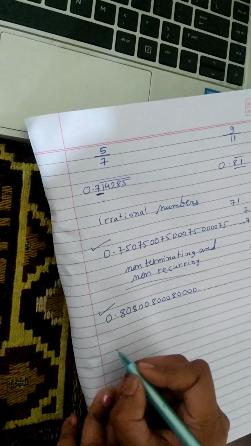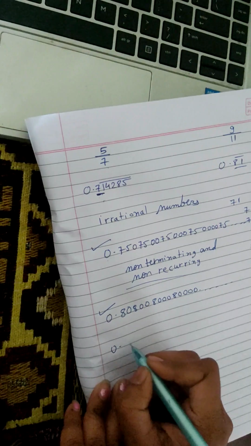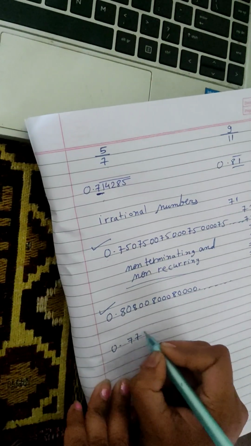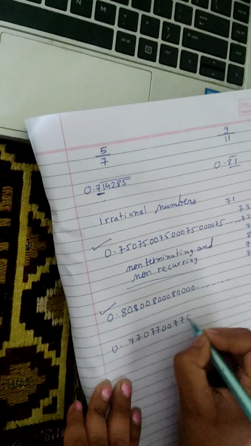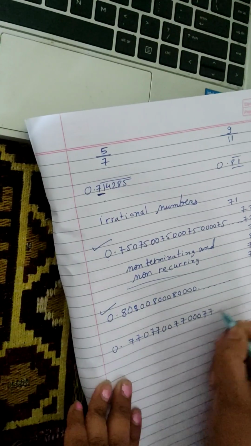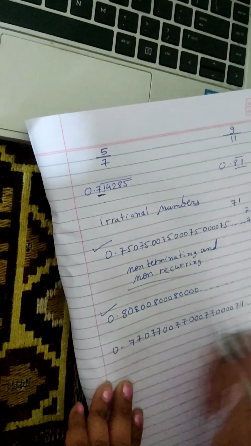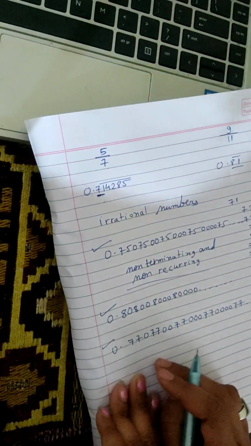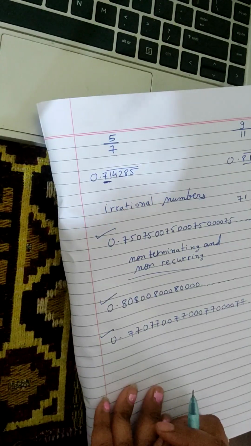For the third irrational number, let's take 0.77: 0.77, then 0 77, then 00 77, then 000 77, and so on. So this is how you can find out irrational numbers between two given rational numbers. Thank you.